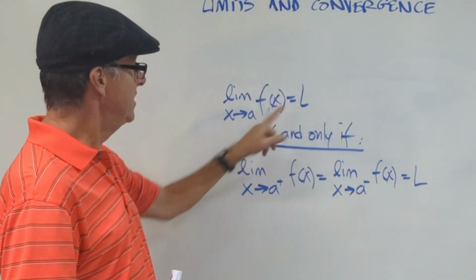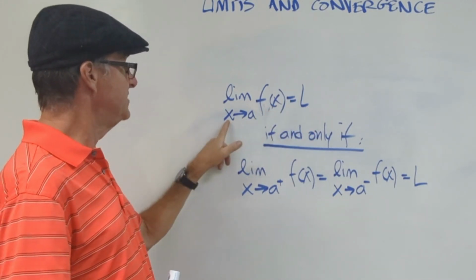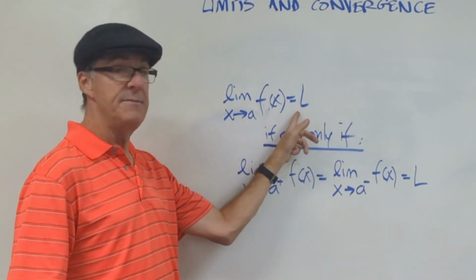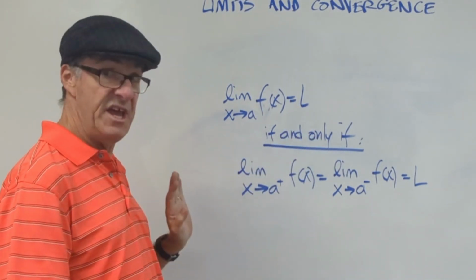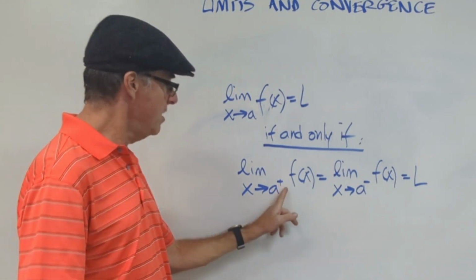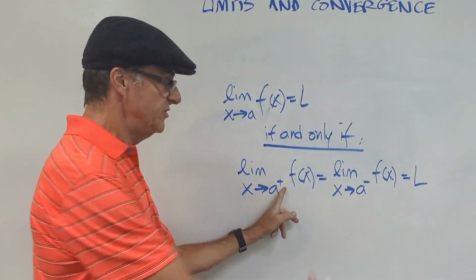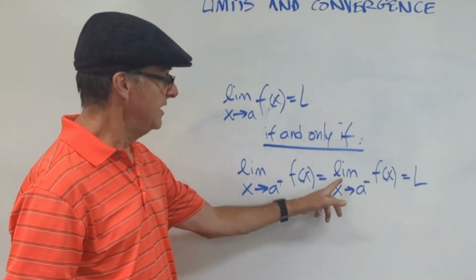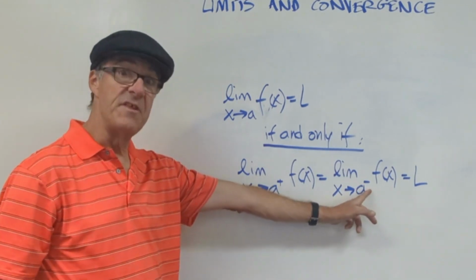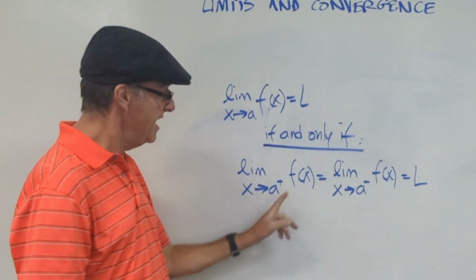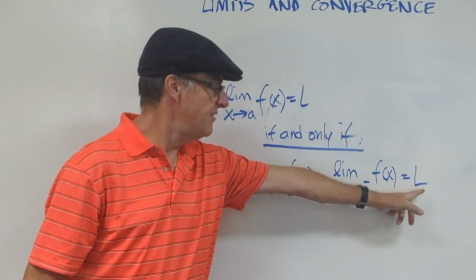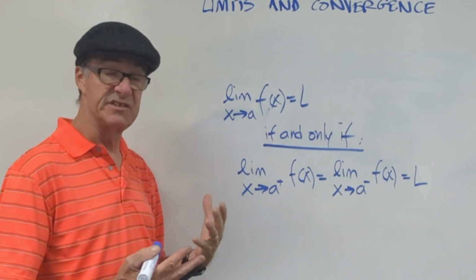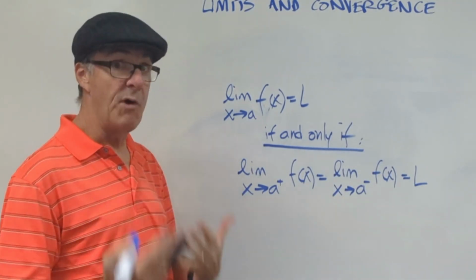This function has a limit L as x approaches a if and only if, that means this has to be true for this limit to be expressed in this way, the limit as x approaches a from the positive side, so on a graph, we're coming in from the positive side, is the same as the limit as we approach a from the negative side, coming in on a graph from this way. If they equal the same L, then the limit exists. So we have to evaluate our limits from both sides.